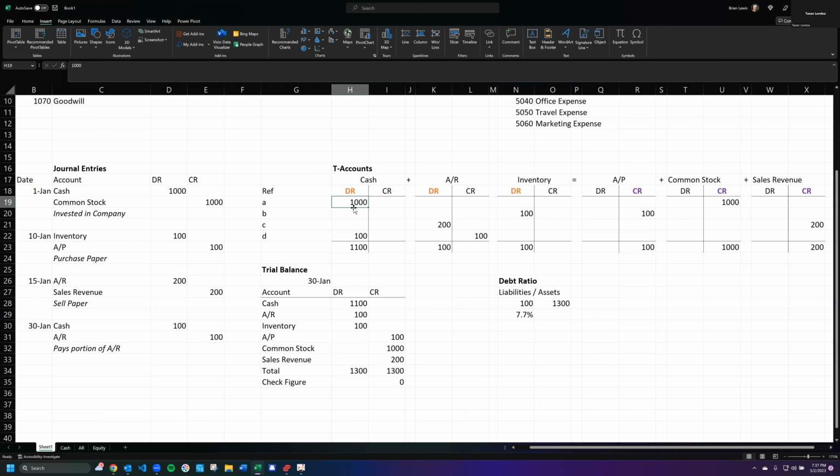So they will fluctuate up and down together. Hence the reason we have the trial balance: they always have to be in balance. So one is increasing at the same time the other one is.